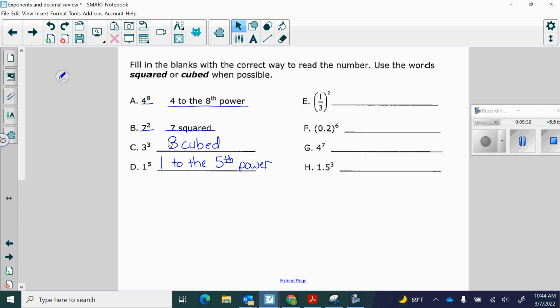How would I write 1/3 with an exponent of 2, Bella? 1/3 squared. How would I write 2/10 with an exponent of 6? 2/10 to the 6th power. 4 with an exponent of 7. 4 to the 7th power.